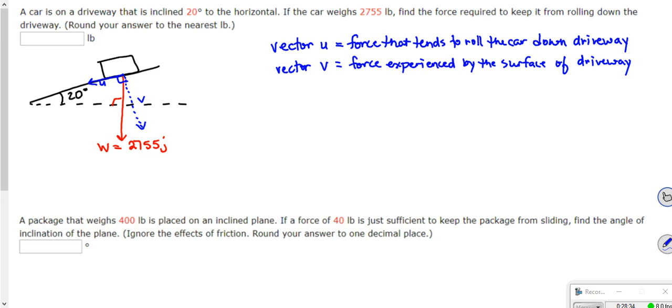Now, the magnitude of U is the component of W along U, which, actually, that's what we're looking for here, okay?